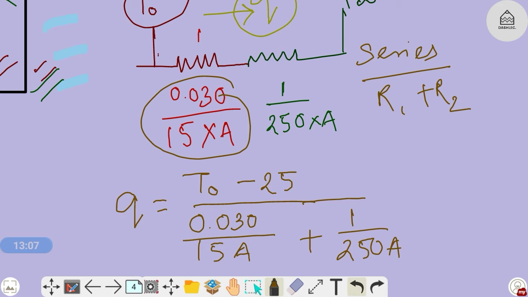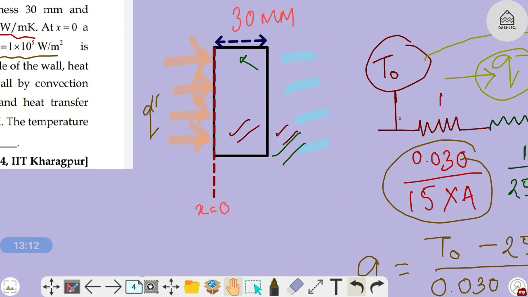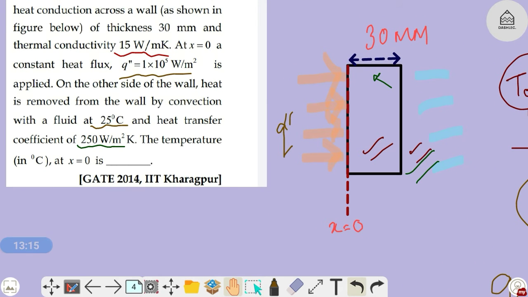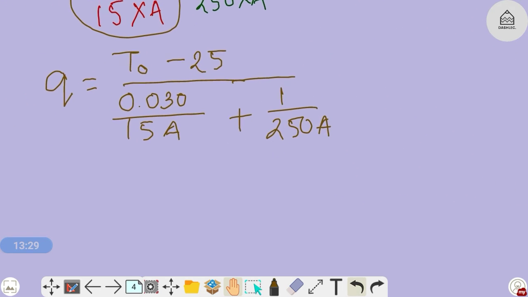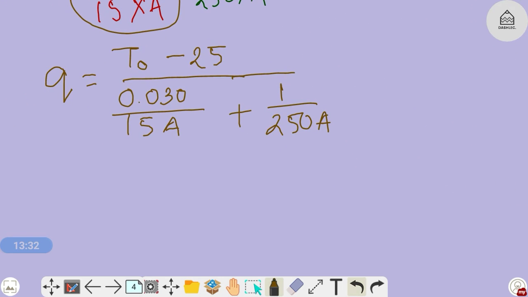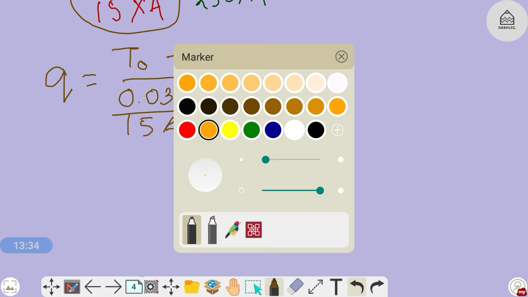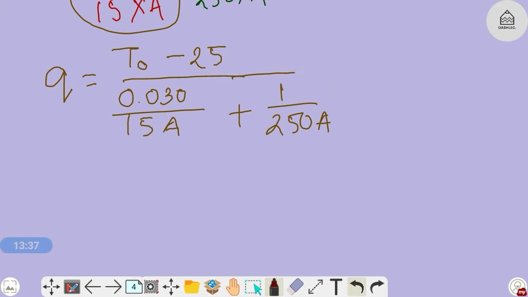This is Q, and Q is equal to heat flux into area. The heat flux is 10 to the power 5, so Q is equal to 10 to the power 5 into area.